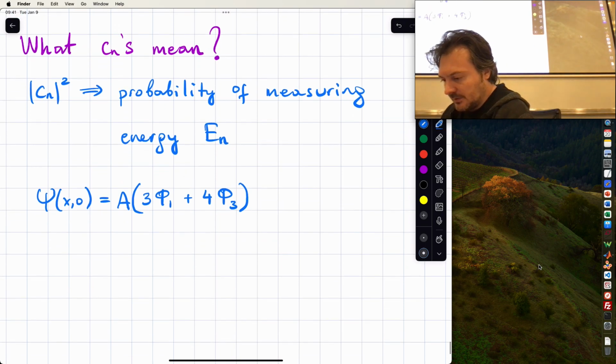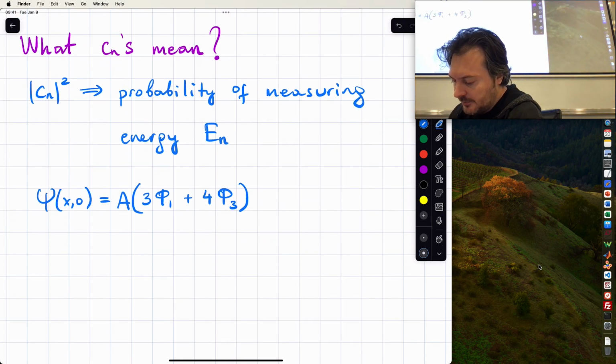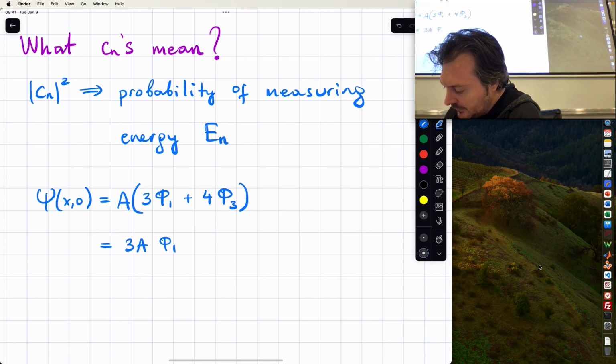Before we go there, do you agree that in this case 3A is C1, right? And 4A is C3.